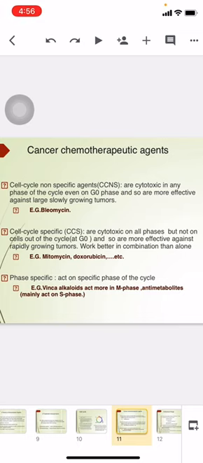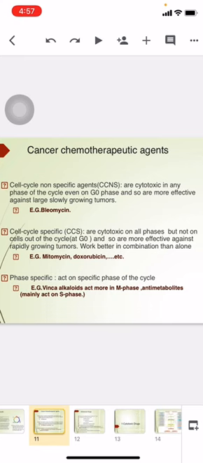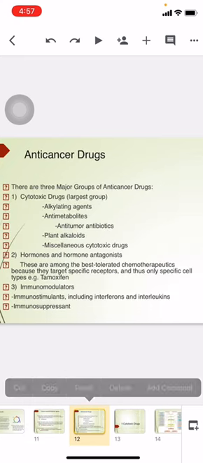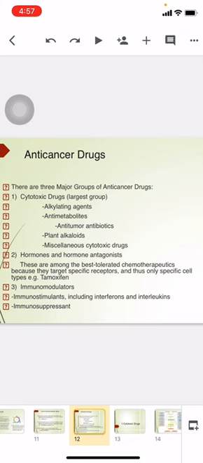Another category of cancer chemotherapeutic agents acts on the cell cycle in a specific way, which is called cell cycle specific, like mitomycin and doxorubicin. And there are certain types of chemotherapy acting on the cell cycle wherever the stage or phase of the cycle, and of course these are called cell cycle non-specific agents.